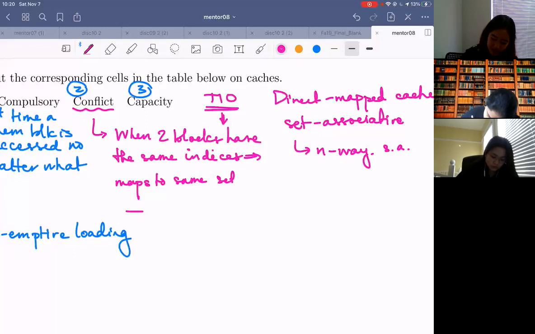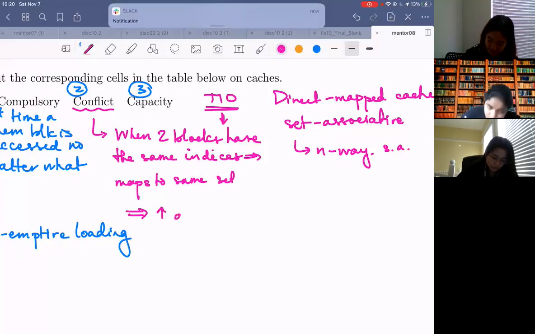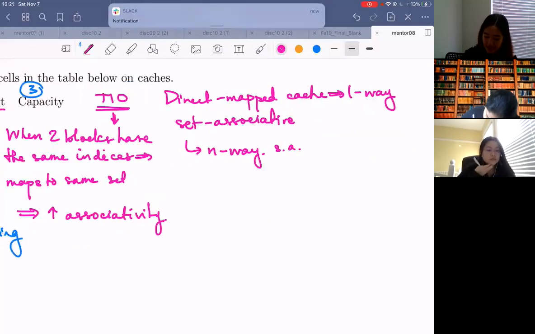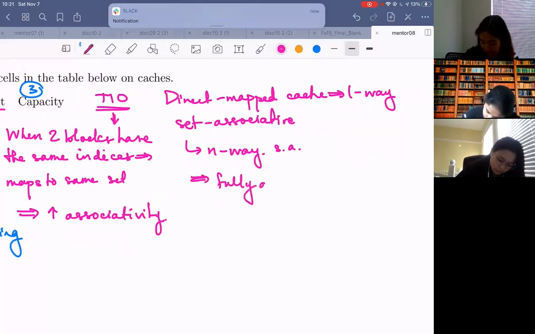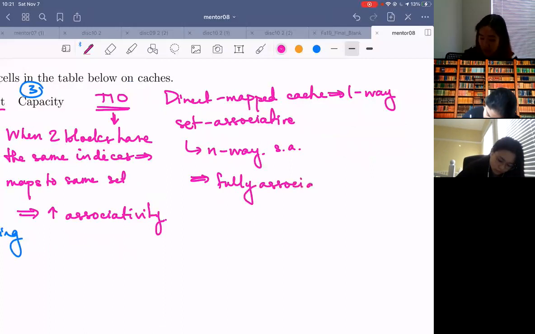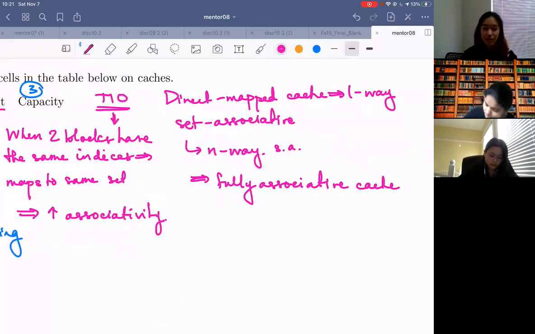And you solve this by increasing associativity. The most you can get, the highest, is a fully associative cache. Fully associative means however many blocks you can fit in the cache, however large your cache is, that's the number of blocks per set.